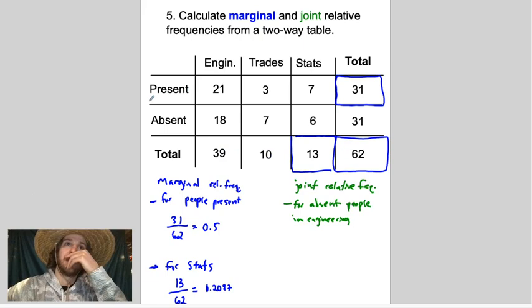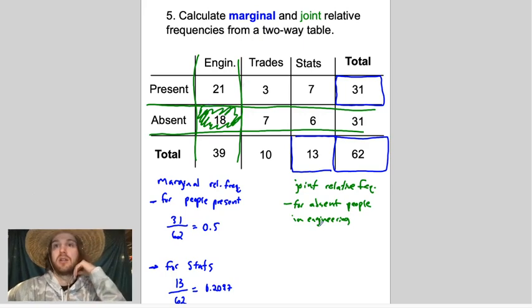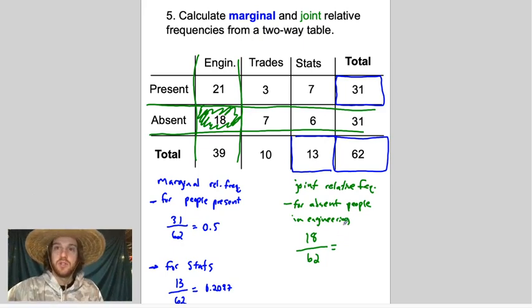Well, it is the intersection of absent and in engineering. So that's the one. Okay, 18 out of 62, which is 0.29 roughly.